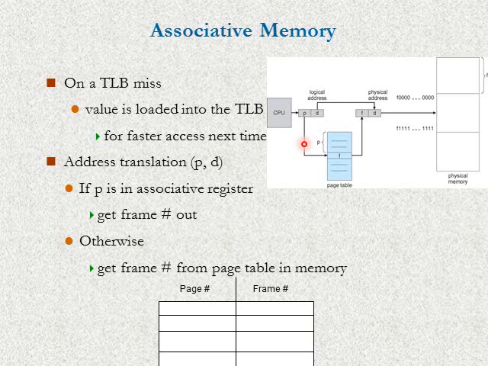In other cases, when the page number is not present in the TLB, we call it a TLB miss. Once we have a TLB miss, meaning the page and frame number are not present in this associative memory, we again have to take a trip to main memory to fetch the desired page number to frame number translation.